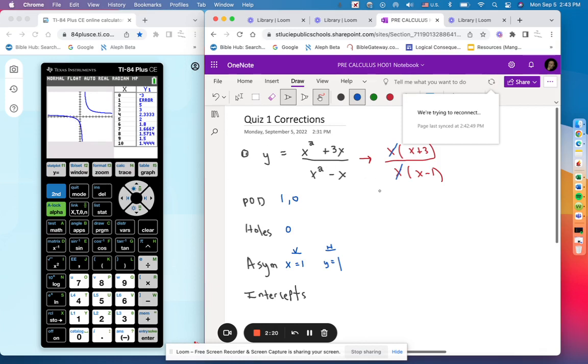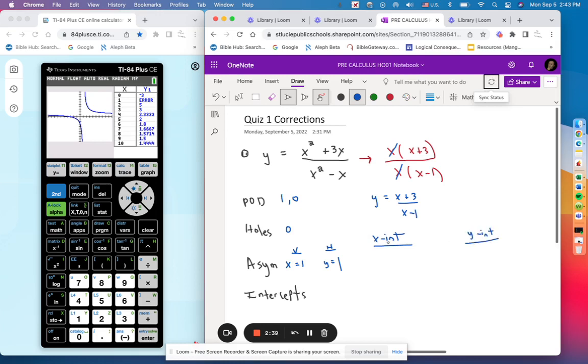So let's find it. So I'm going to go y equals x plus 3 over x minus 1. The way you find your x-intercept, you plug a 0 in for y, solve for x. The way you find your y-intercept, plug a 0 in for x, solve for y. Let's find the x-intercept. So I'm going to plug a 0 here, 0 equals x plus 3 over x minus 1.